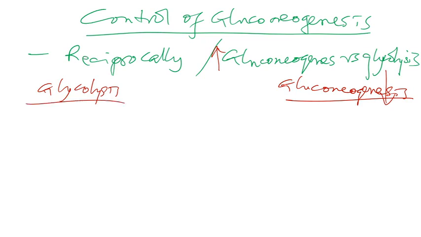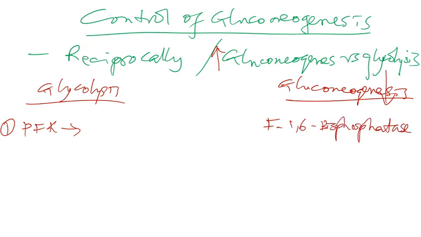For glycolysis, the enzyme that is involved is phosphofructokinase, abbreviated as PFK. And on the part of gluconeogenesis, we have fructose 1,6 bisphosphatase.